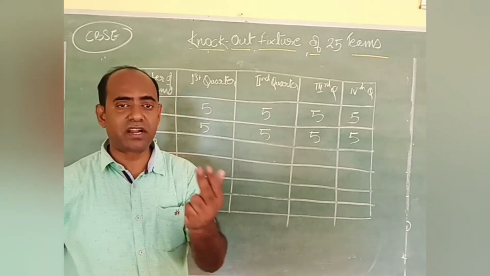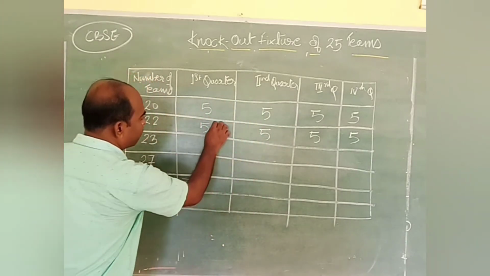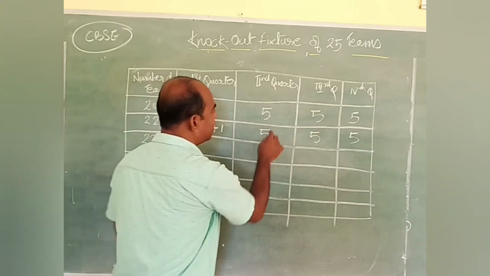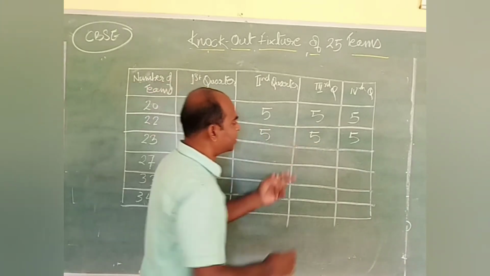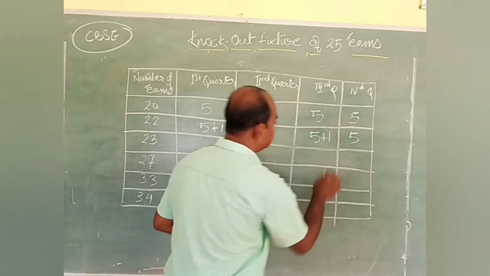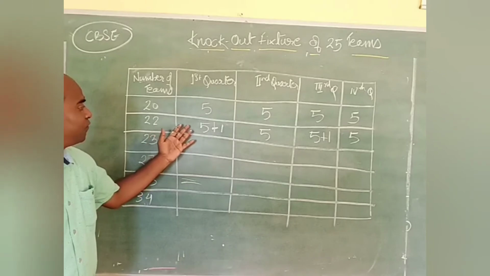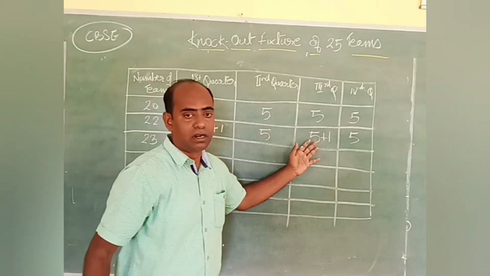Where to place the 2 extra teams? You will place plus 1 team here, and the second quarter you will not give, and in the third quarter again you will place 1. So the 2 teams are divided between the first quarter and the third quarter.